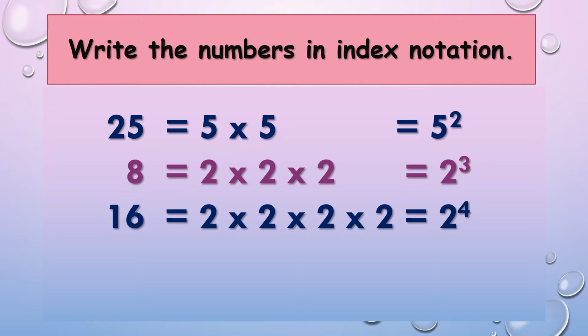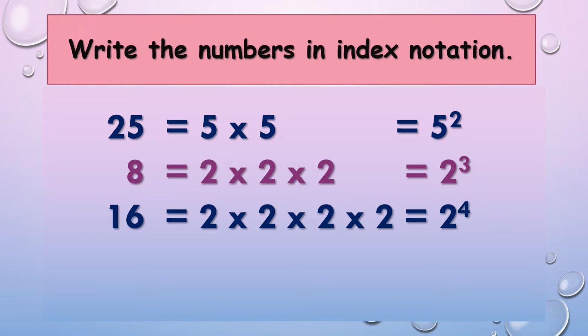Next one, 16. By dividing 16 by 2, you can get this answer. There are 4 2's. 2 multiplied by 2 multiplied by 2 multiplied by 2. That means 2 times 2 times 2 times 2.